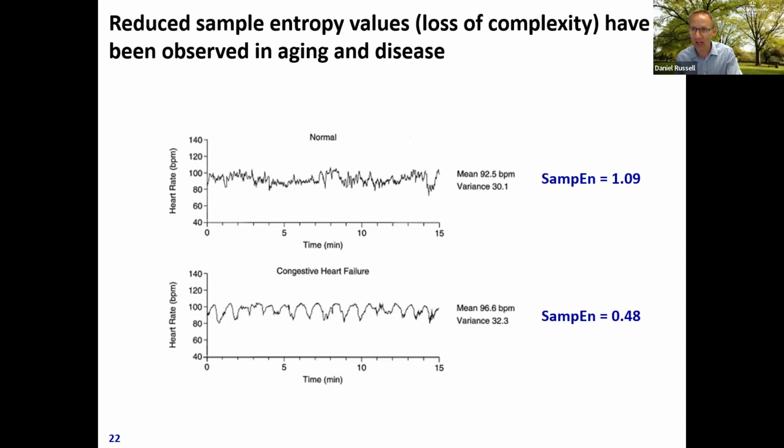We're less able to change with the environment and the things that are happening. So in congestive heart failure, this rigid structure is problematic. So that's a second major approach to looking at interval ratio data and trying to tease out sequences or patterns in the data.